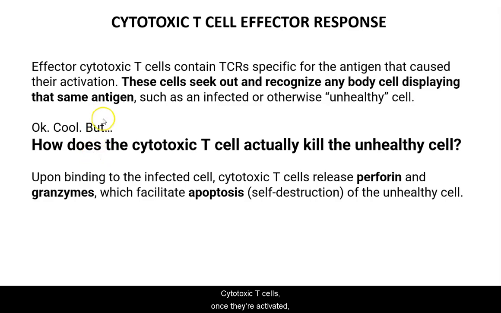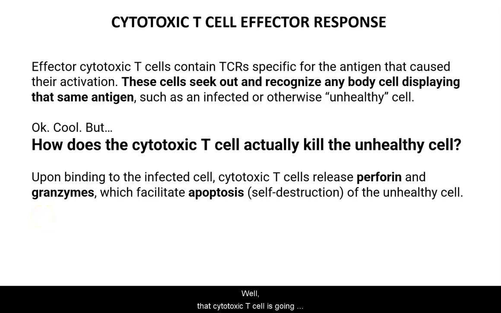Cytotoxic T cells, once they're activated, are going to go on a hunt. They are hunting any body cell that displays the antigen that caused their activation. So they're looking for infected cells or otherwise unhealthy cells. But how does the cytotoxic T cell actually cause the unhealthy cell to die?